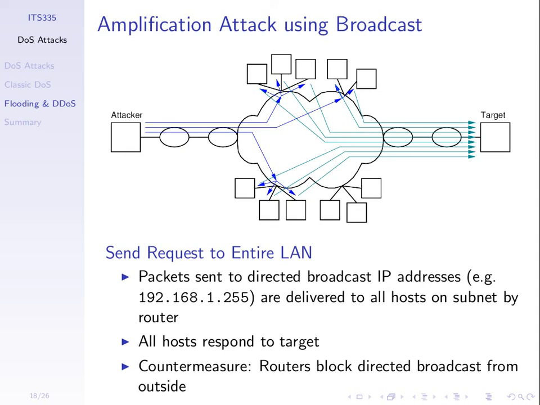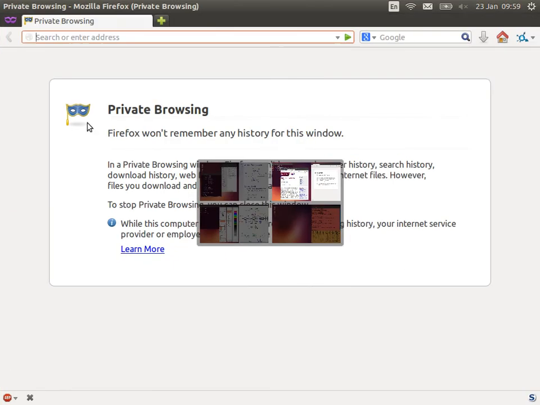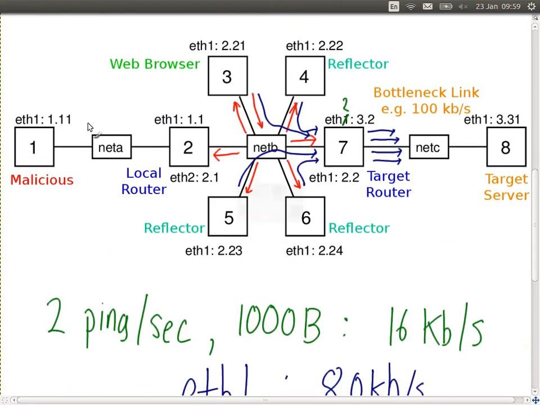And in our demo, in fact, I had to modify 3, 4, 5, and 6 such that they would reply to the ping request that was to a broadcast address. I could do that. Note that 2 and 7 didn't reply. They were routers. I don't have a way to modify the operating system to allow them to reply. It's built in the operating system. They don't respond to them. So that's a countermeasure. So broadcast is a nice idea, but doesn't work much in practice.